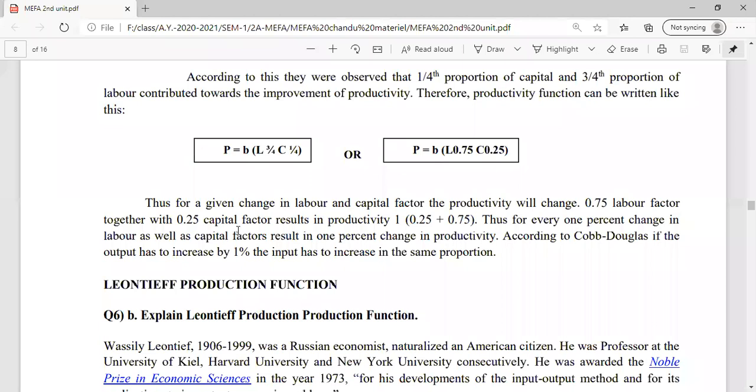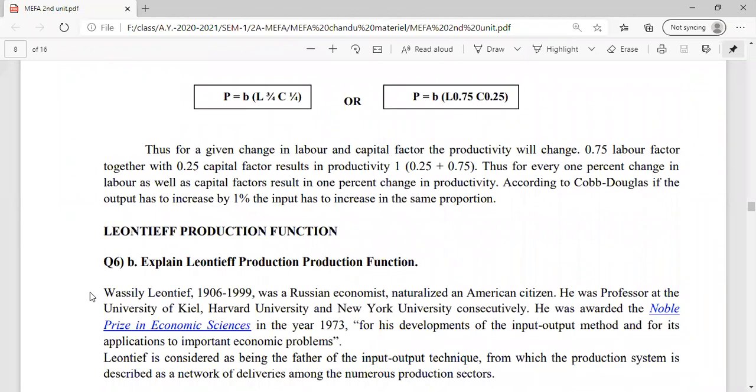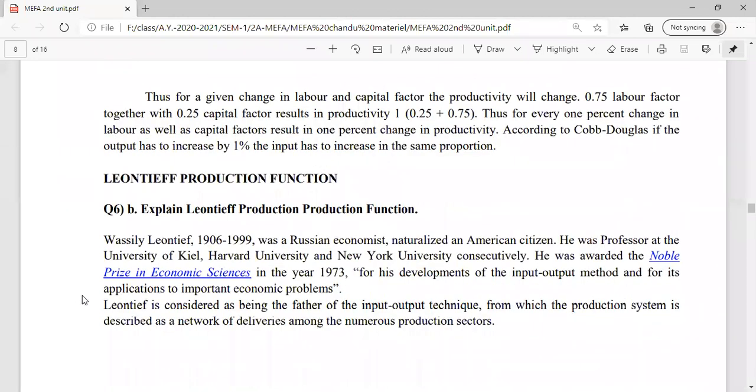So that is the Cobb-Douglas production function. Then what about this Leontief production function? So one more economist from Russia, a well-known economist from Russia called Leontief, who also got the Nobel Prize in economic science in the year 1973.